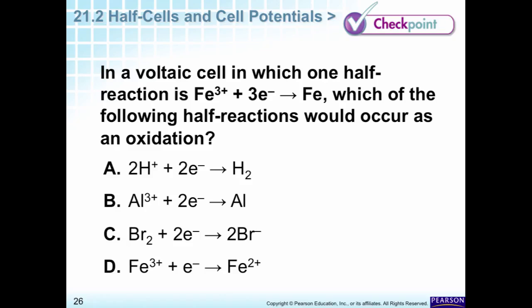So iron turning into iron will be accompanied by which of the following? So we have to look at the activity series. Look at the activity series and answer this question on Educanon.